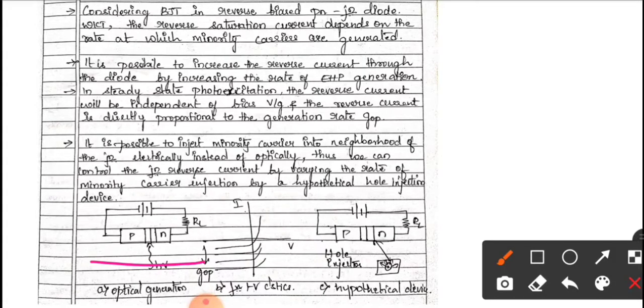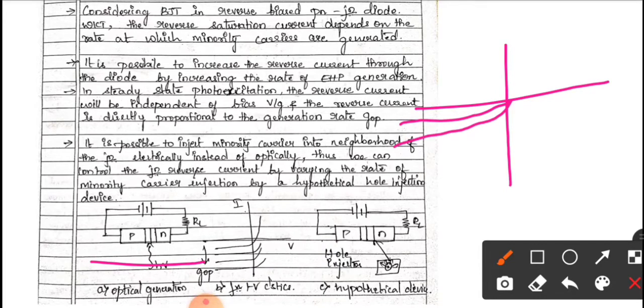Under reverse bias of a PN junction, we studied that the current flowing through the device does not depend upon the externally applied voltage, but on the number of minority carriers generated either thermally or optically. So it is possible to increase the reverse saturation current, the reverse current through the diode, by increasing the rate of electron hole pair generation. In the steady state or equilibrium condition, photo excitation will cause the reverse current to increase, and that reverse current is independent of the applied bias voltage.